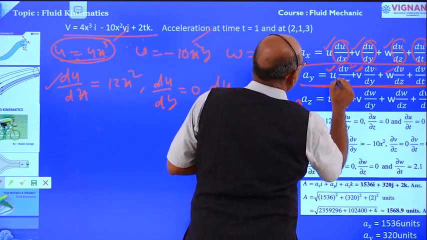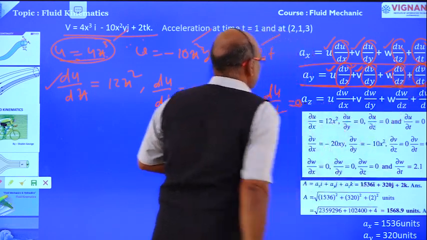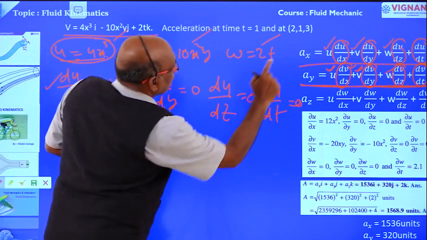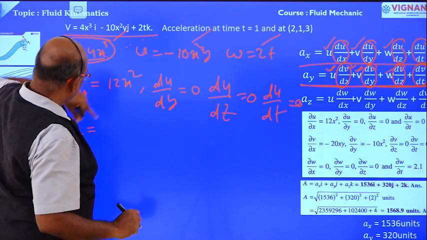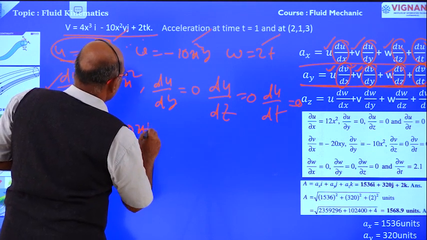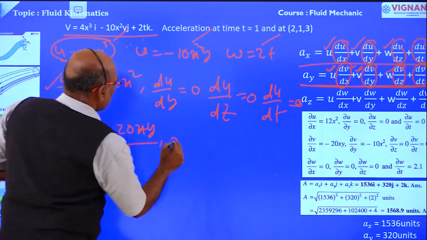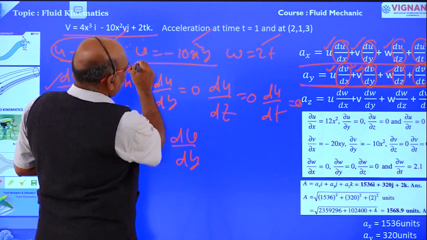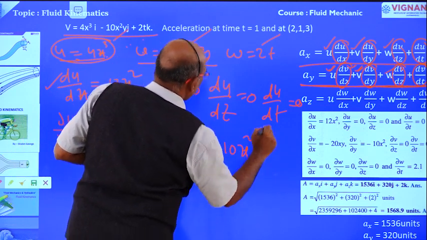Then what is dv by dx, dv by dy, dv by dz, dv by dt. dv by dx, that means v differentiate with respect to x, therefore minus 20xy. dv by dy, that means differentiate with respect to y, that is equal to minus 10x square.